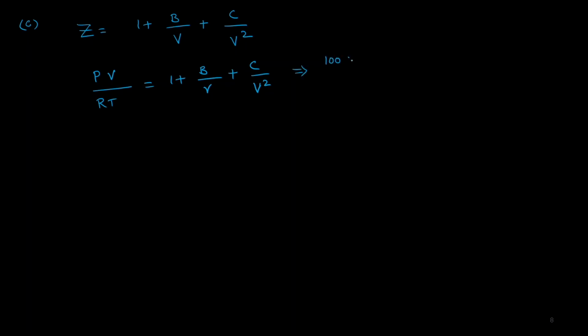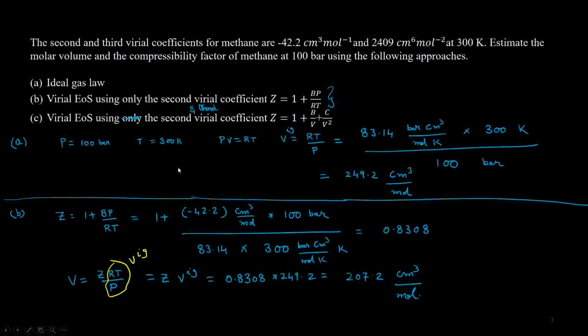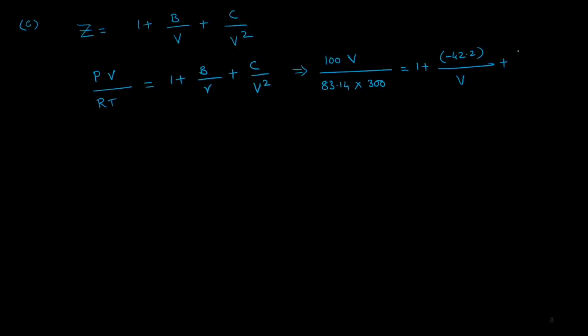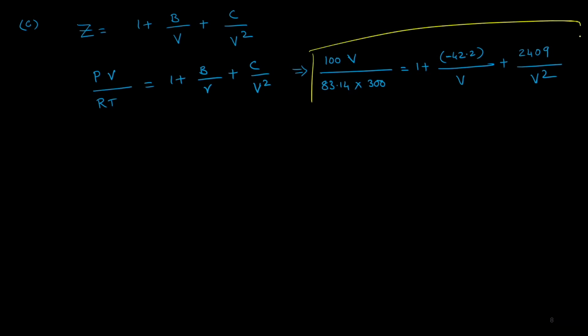This is 100 bar times the volume over 83.14 times 300. Just make sure that we're using a consistent set of units. Negative 42.2 cm³ per mole over V plus the value for C, which was 2409, over V squared. So now I have to solve this equation. This would be a cubic in V.